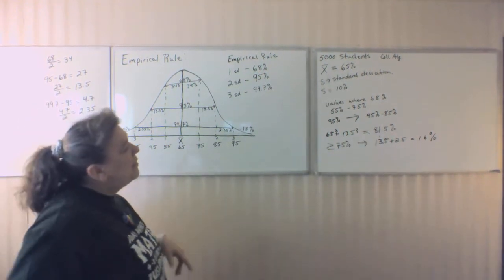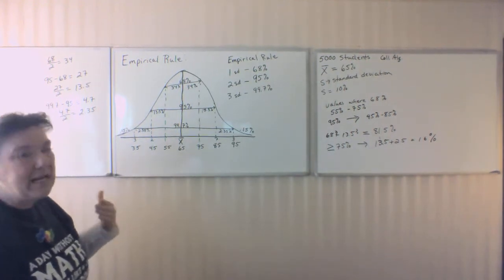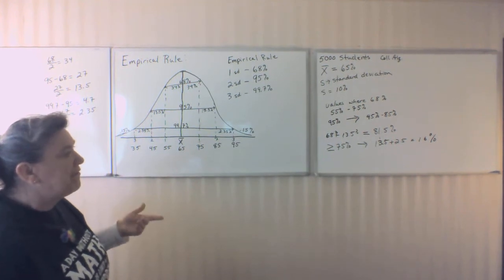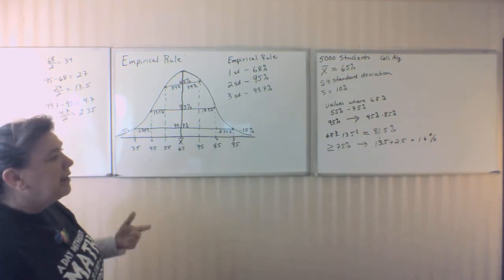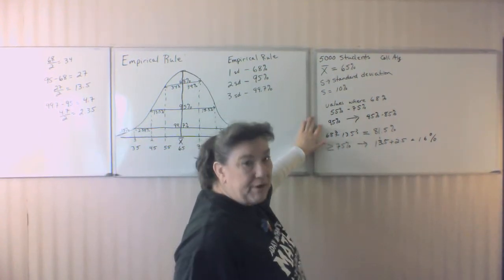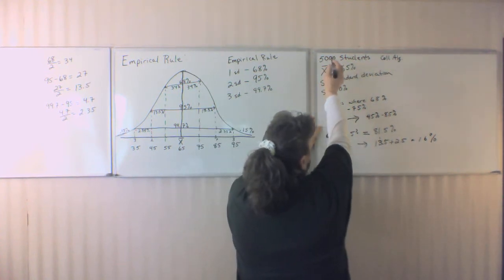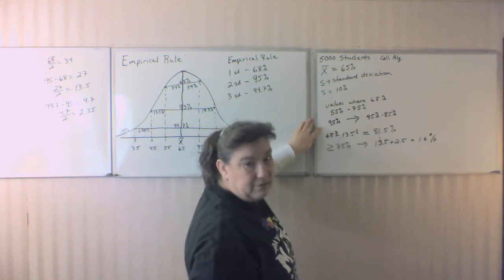Okay? Now another question we can ask ourselves is, how many of those students did between 45 and 85? Since 95% of the students did between 45 and 85, you're going to take 95% of 5,000.